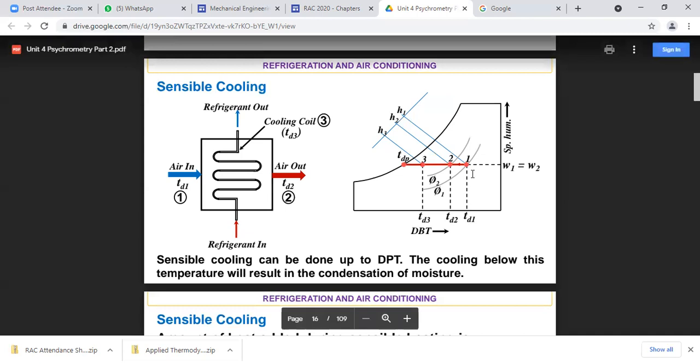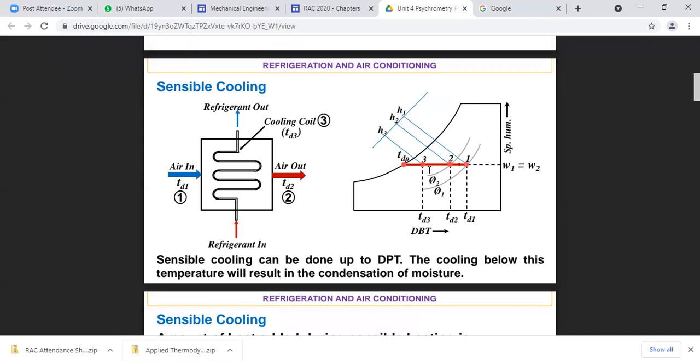You can observe here TD1, so the dry bulb temperature drops down. As heat is extracted, the enthalpy is decreased and the specific humidity remains constant. The cooling of air is usually done by means of cooling coils through which cold water or refrigerant is circulated, and the temperature of this water is higher than the dew point temperature in sensible cooling.